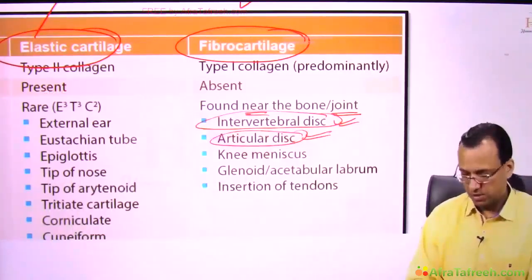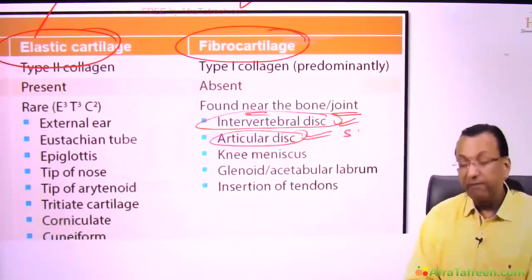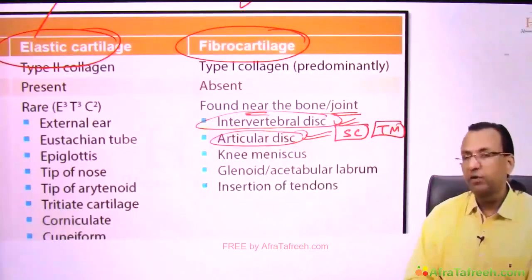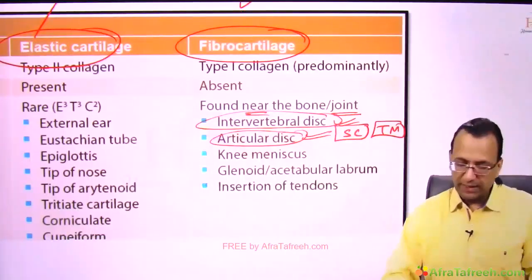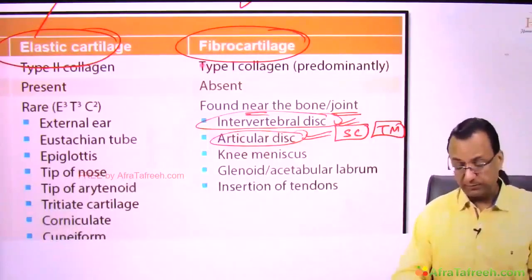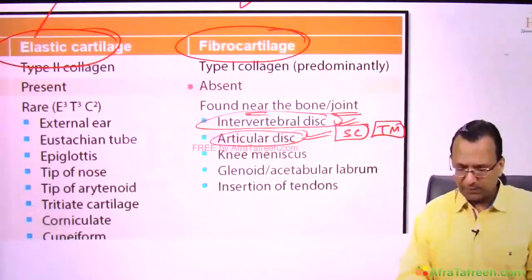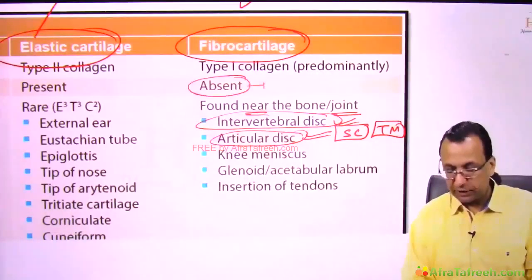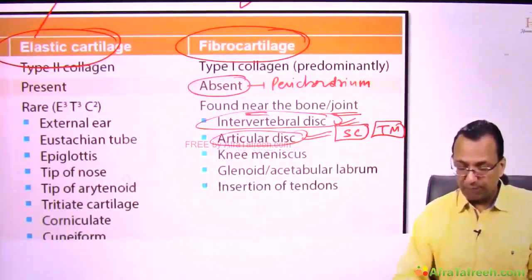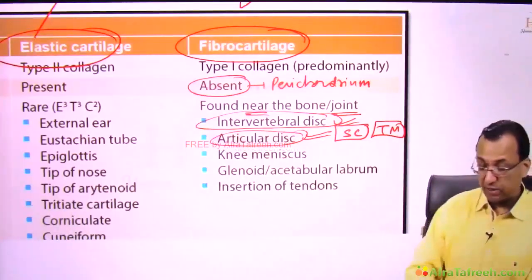Like which bones? Like, you know, sternoclavicular joint between sternum and clavicle bone, and temporomandibular joint between temporal bone and mandible bone. So you're telling that fibrocartilage has more of type 1 collagen? Yeah, predominantly, we have told it is atypical cartilage. And what is absent? Perichondrium is absent. So perichondrium is absent in fibrocartilage.